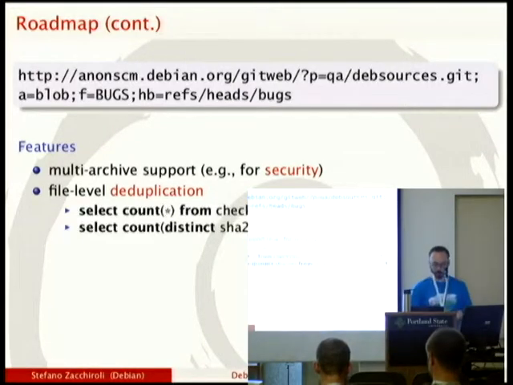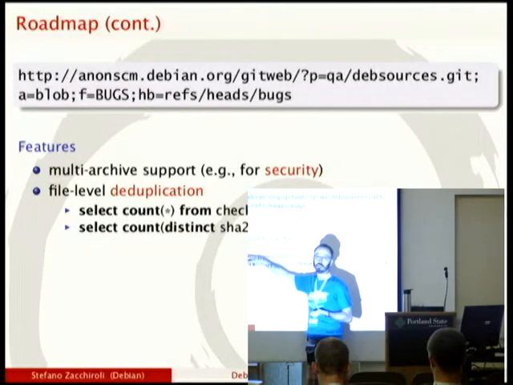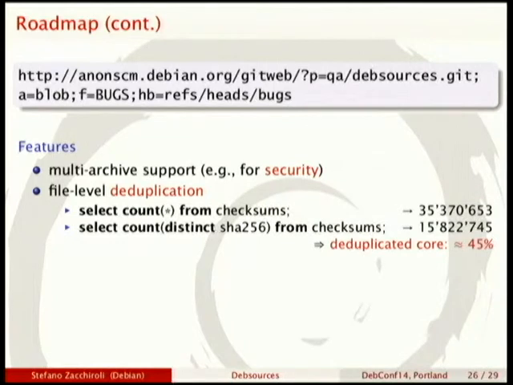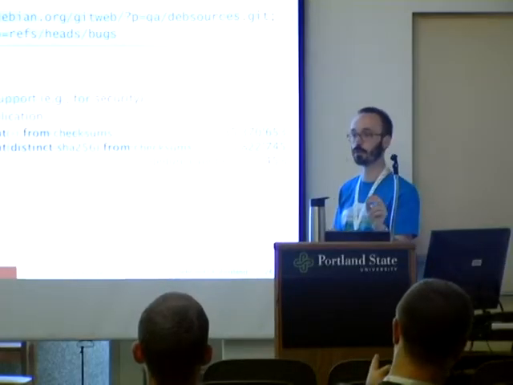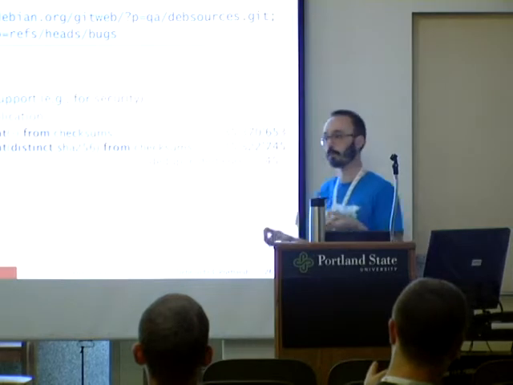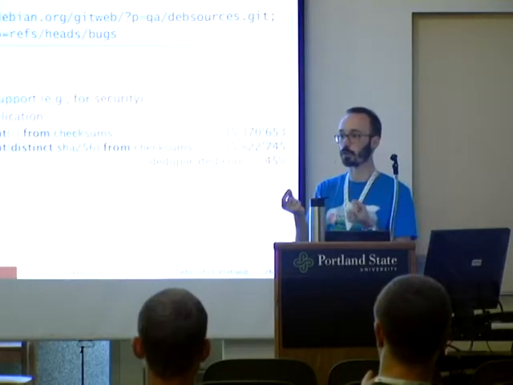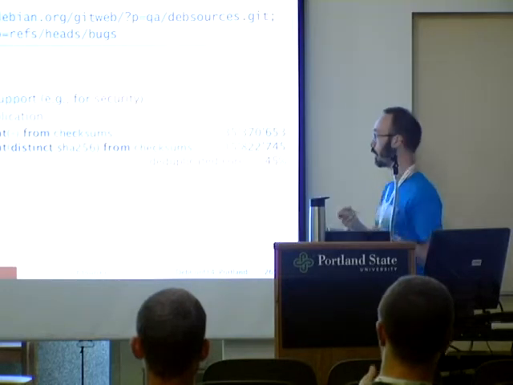And file-level deduplication. So essentially, I was curious about how much disk space we could save if we actually do deduplication at the file level, right? So right now, there is no deduplication at all. So different versions of the same package will occupy essentially twice the space. But in most cases, a subsequent version of a package will share a lot of files with the previous one.